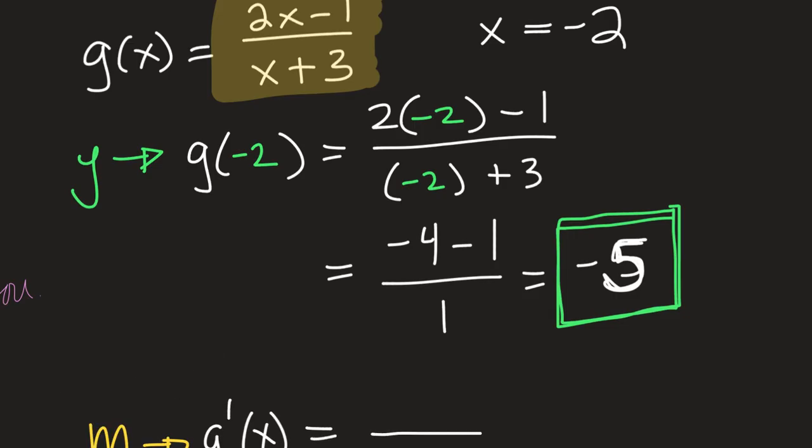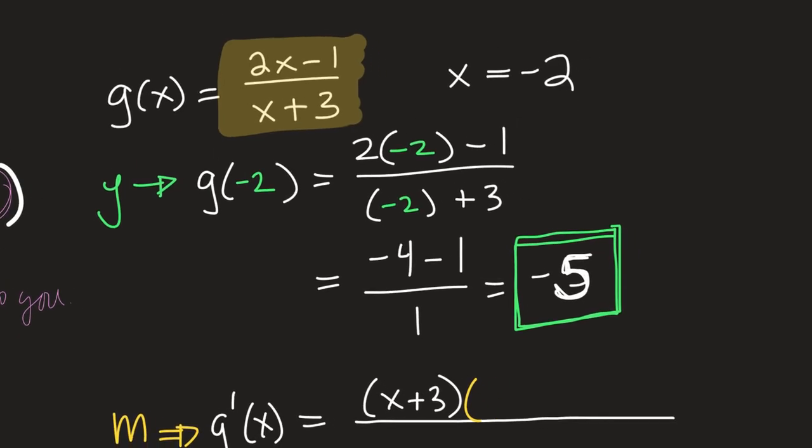The quotient rule says we have the low function, which is x plus 3, your denominator, times the derivative of your numerator. The derivative of 2x minus 1 is going to be 2.